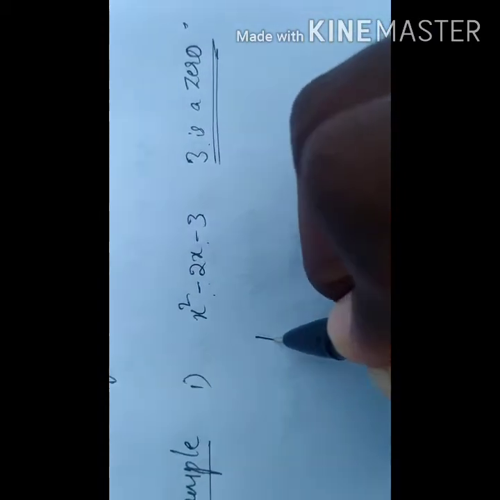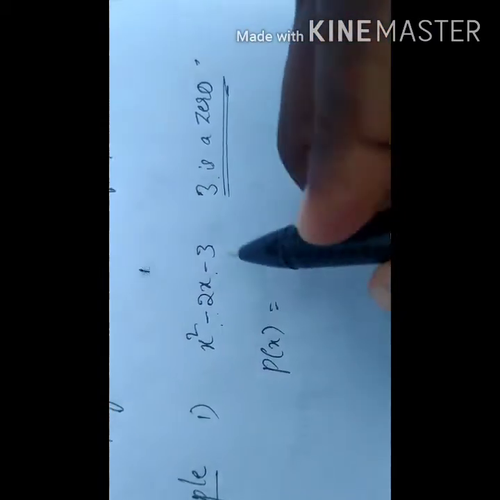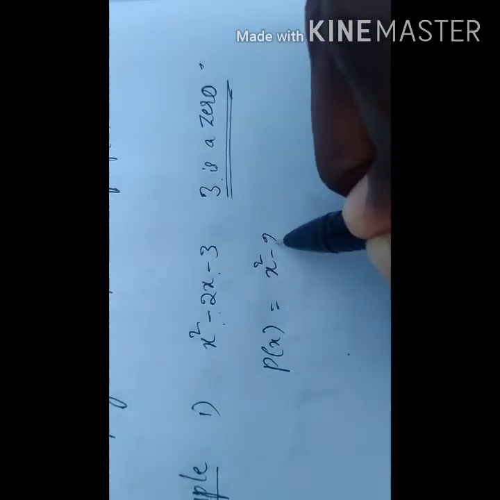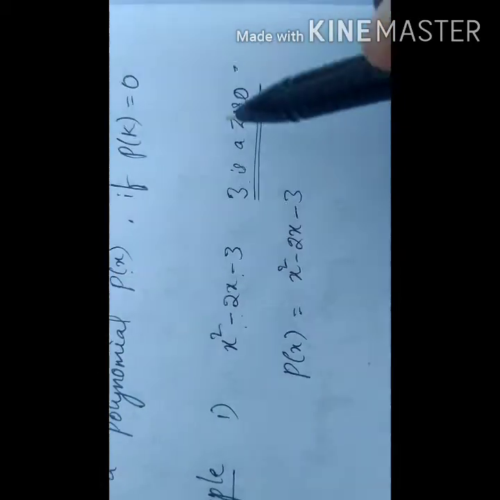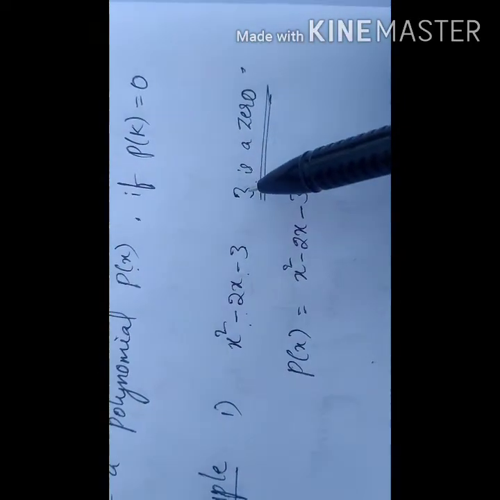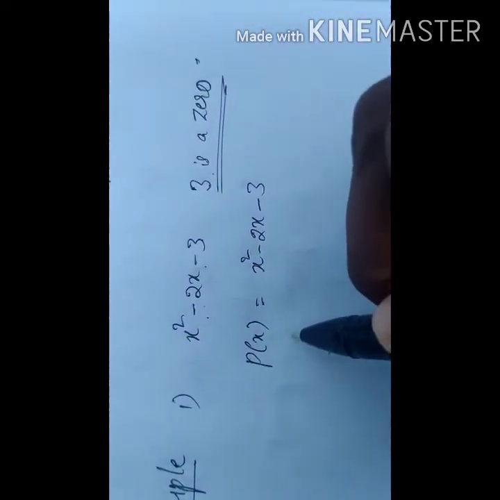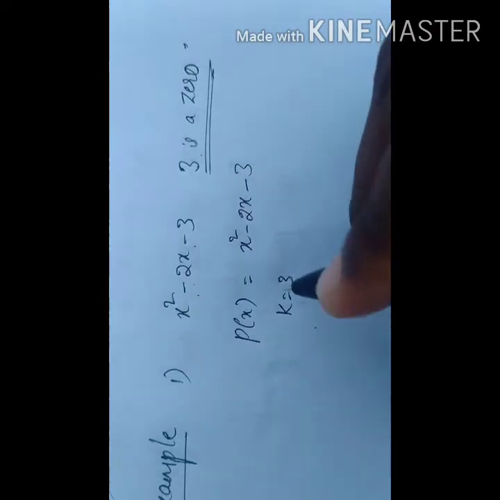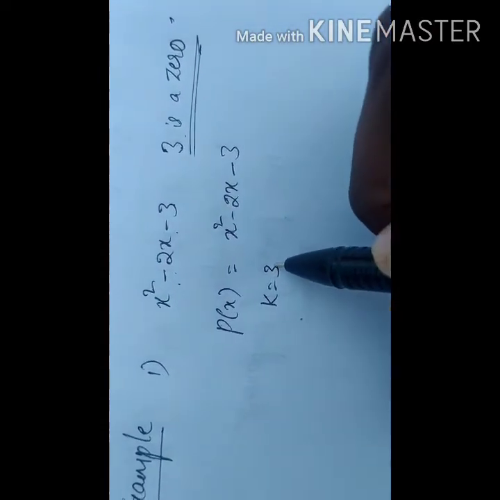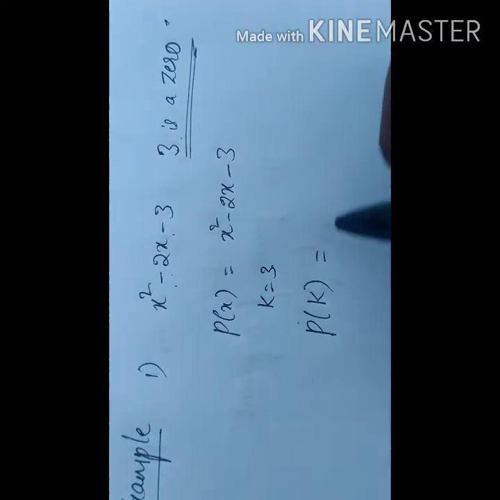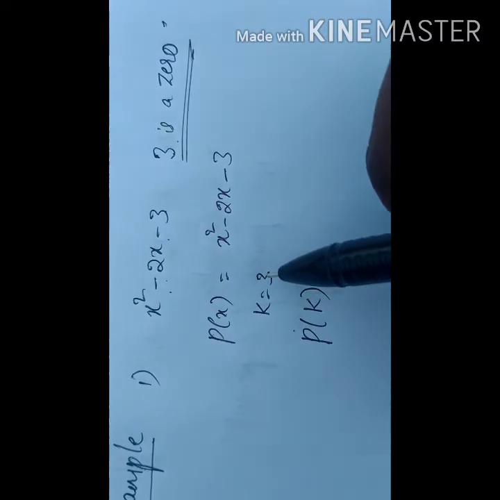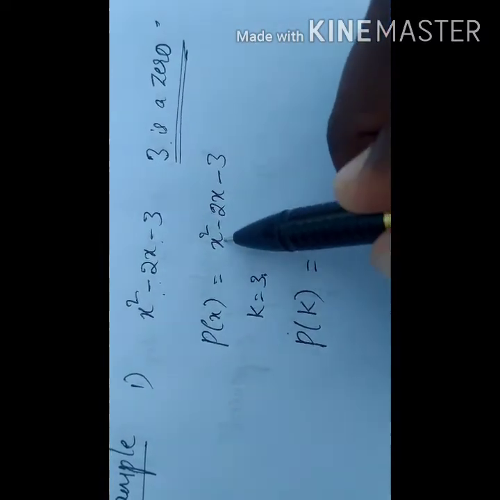Let's take the polynomial p of x is equal to x square minus 2x minus 3. Here what is the real number? 3. That real number can be considered as k. So we must substitute this k value in place of x. That means p of k, you substitute the value of 3 in place of x.